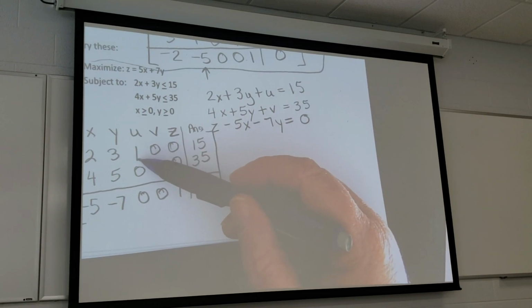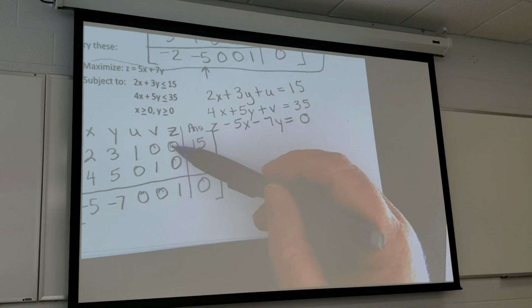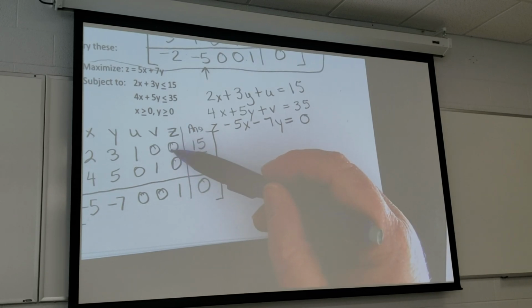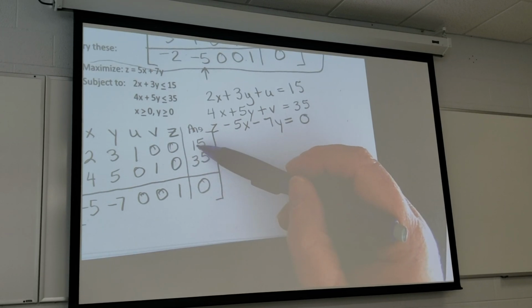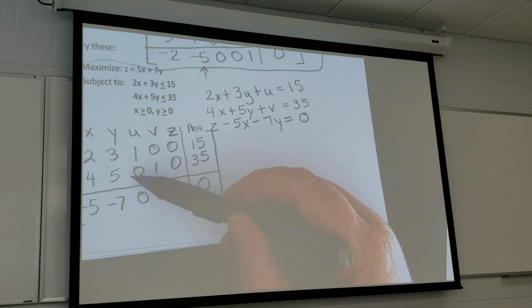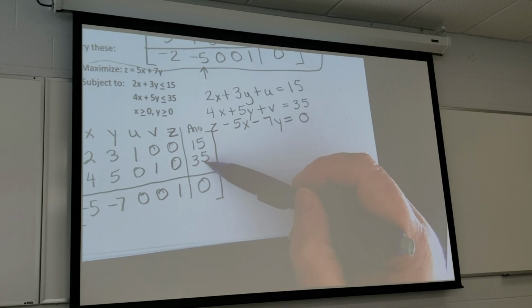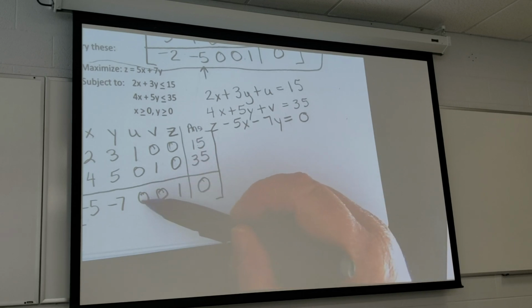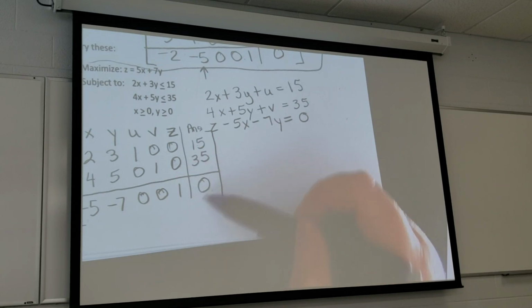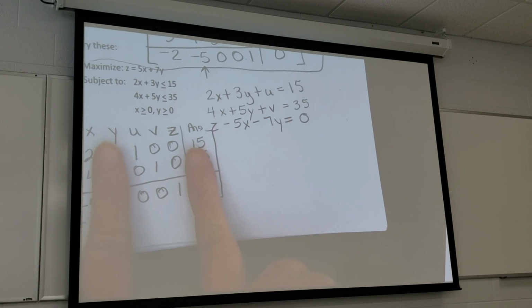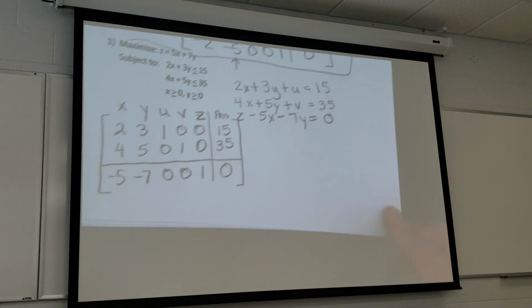You make the first one 1, everything before this line has to be 0, and then you write the answer to the equation. Second one is 0, 1, 0, then whatever the answer is. And then 0, 0, 1, 0. It's always like this. This is the identity matrix.